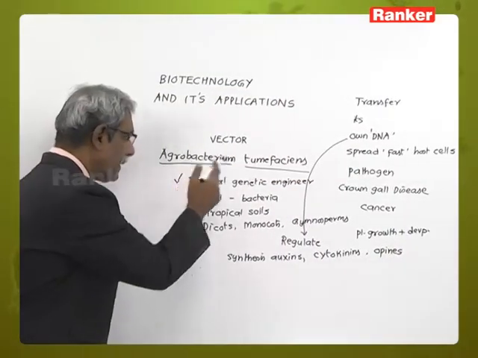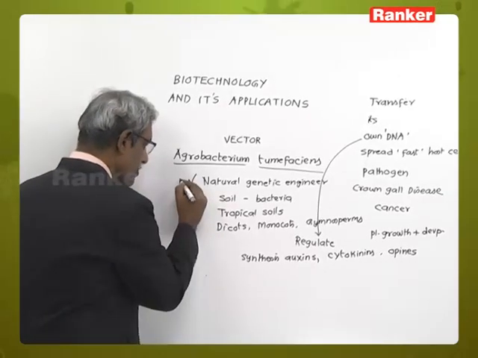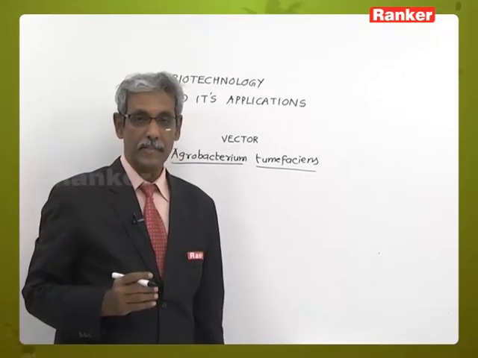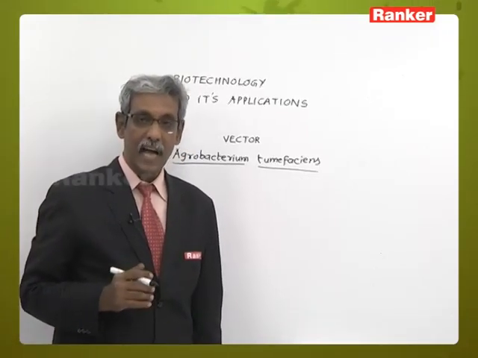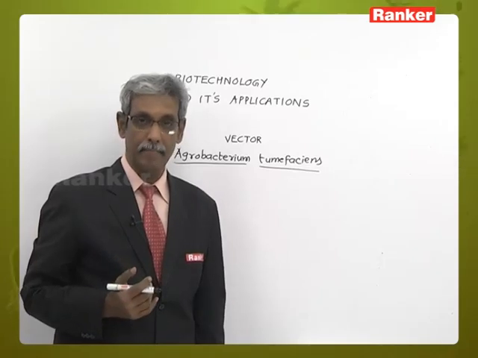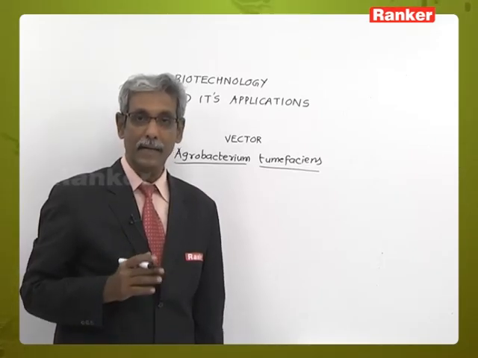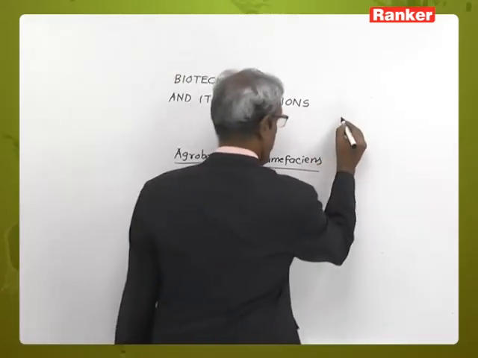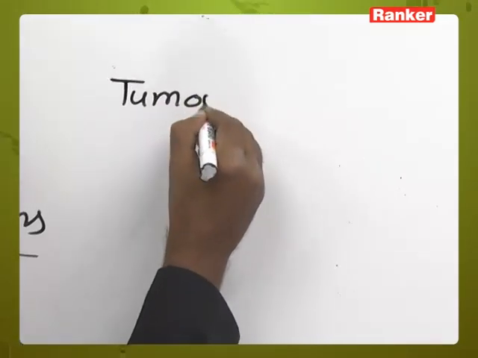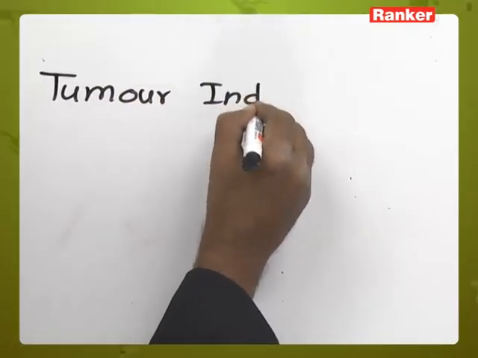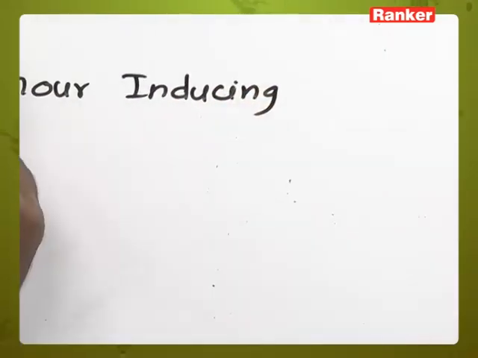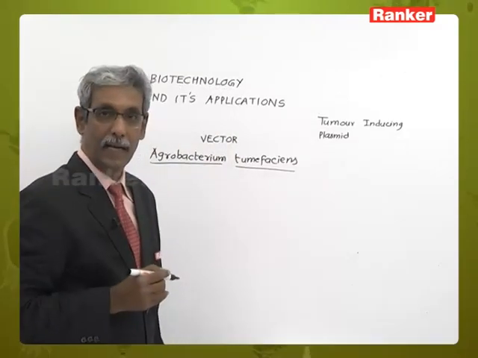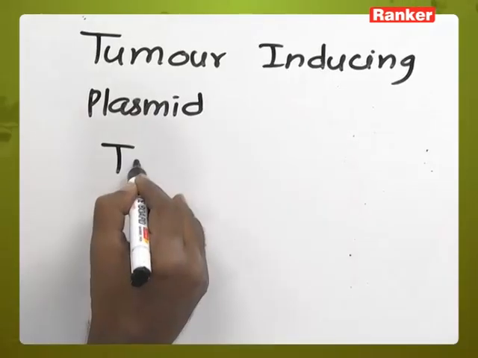So, Agrobacterium tumefaciens is a natural genetic engineer. It is a bacteria which has its own plasmid, and the plasmid which is present in Agrobacterium tumefaciens is termed the tumor inducing plasmid. It is popularly designated as TI plasmid.